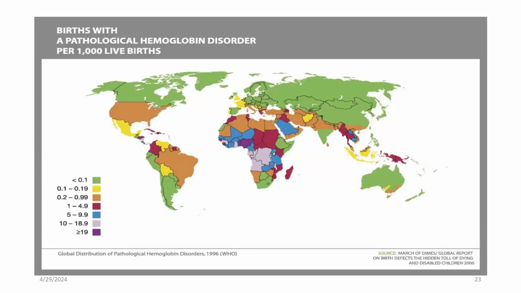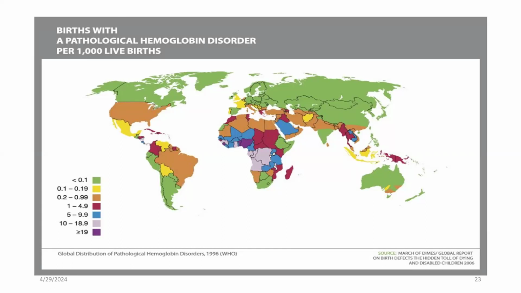We'll go on to the next slide, which shows a world map. What you can see is 1 to 4.9 per 1,000 live births shown in maroon and red. It's happening mostly in Africa. As you can see in the brown, it is 0.0 to 0.99%. Pakistan comes in the brown category, as well as North America, and most of South America.